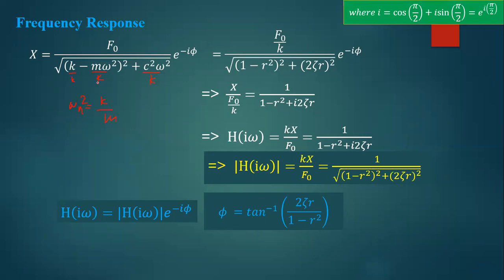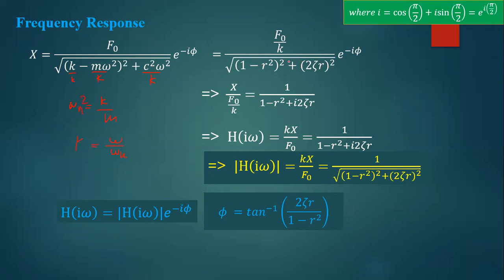So it is m over k, so that means 1 over omega n square. So that gives, and the ratio r is equal to omega, the forcing frequency, over omega n, so that r square represents omega square over omega n square, and 2 zeta r is equal to cw over k, so that this cw over k is 2 zeta r.